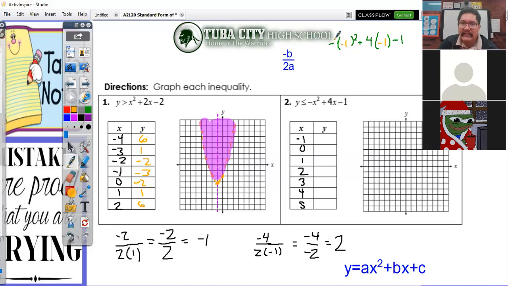And this negative out front counts as multiplication, because that's times -1. So remember, if you don't see a number in front of that coefficient, it is 1. So we do the exponent and then multiply it by -1. So -1 times -1 is +1.